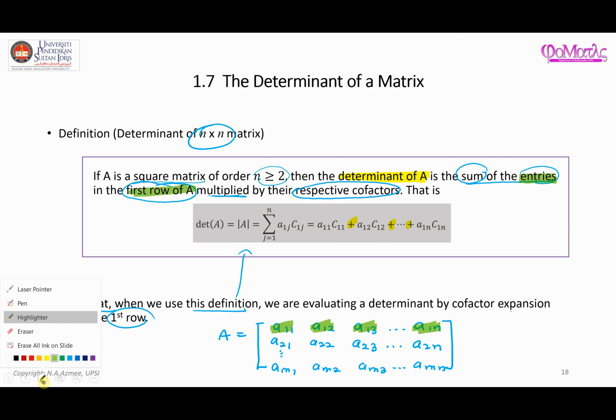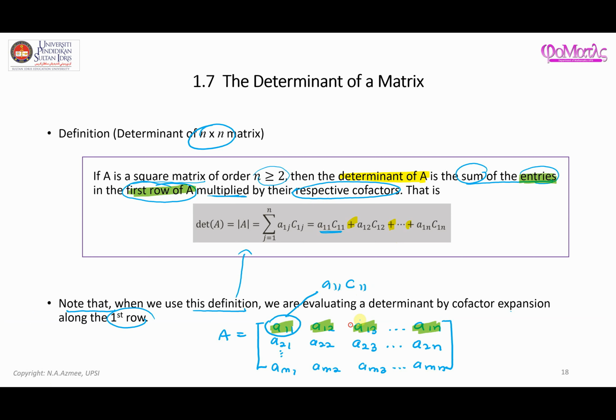So if you have A11, its cofactor will be C11, the same row and the same column. So here we got.